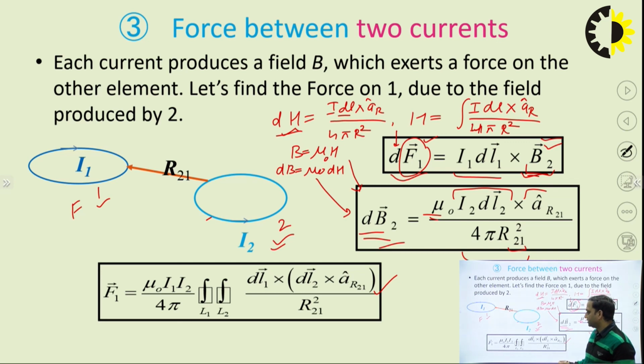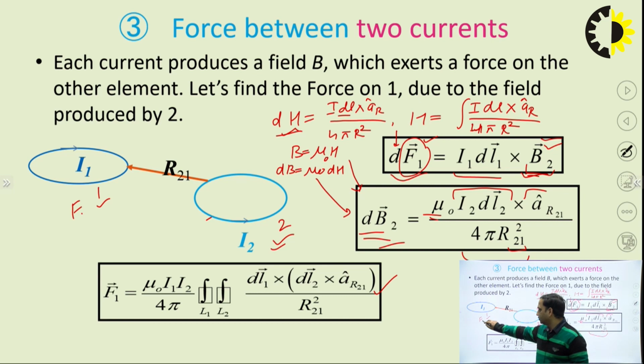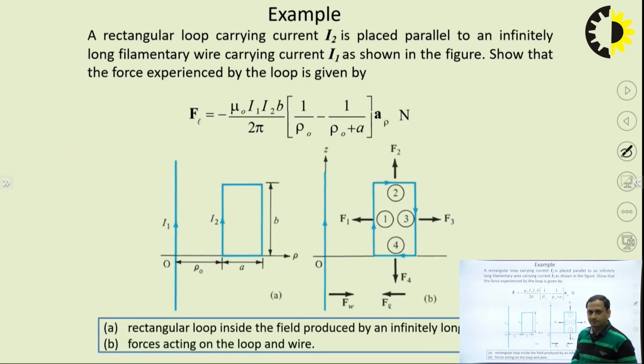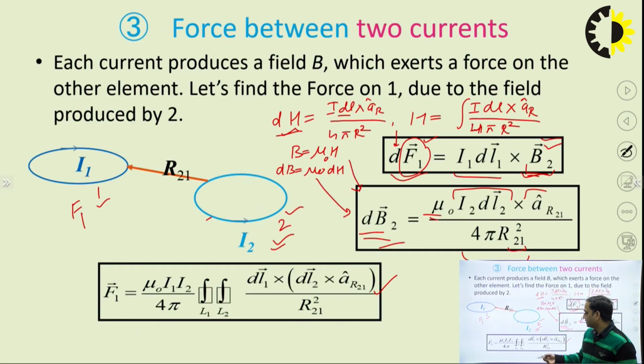Okay, so this is F1, the force on loop 1 due to loop 2. Opposite of that, we can find the force onto loop 2 due to loop 1. So what will be the change?